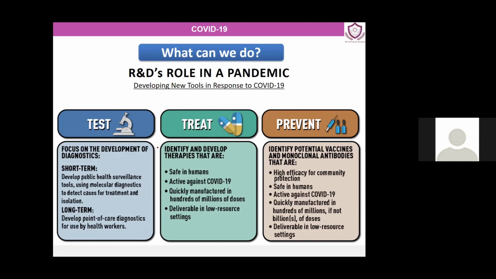Specifically, there are four important proteins in coronavirus SARS-CoV-2 which are excellent drug targets. Coming to this point a bit later on. The third area where there is a role of R&D is prevent, and in that case we can develop an efficacious vaccine which can be highly efficient to raise proper immune protection in an individual.